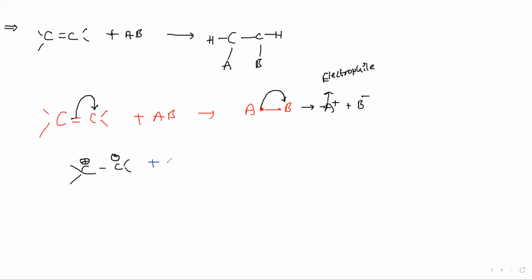Now, when it is bonded with A plus and B minus, first the electrophile will attack the negative charge. That is called the rate determining step: formation of carbocation.